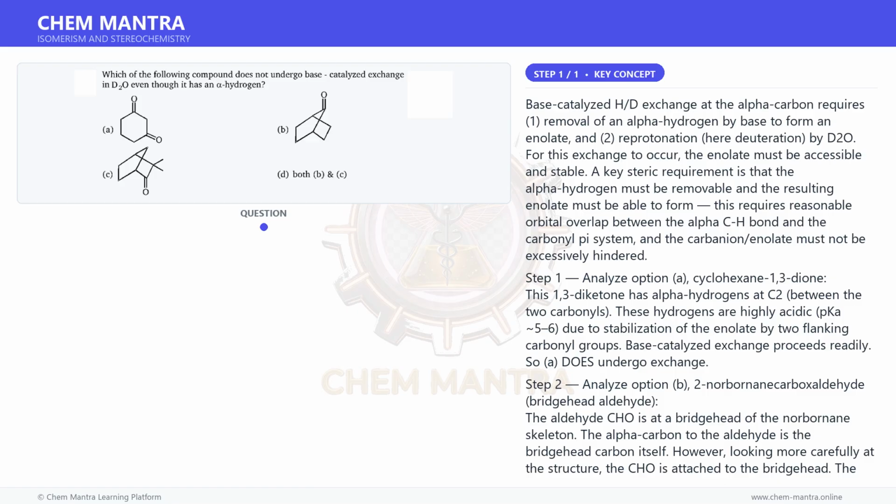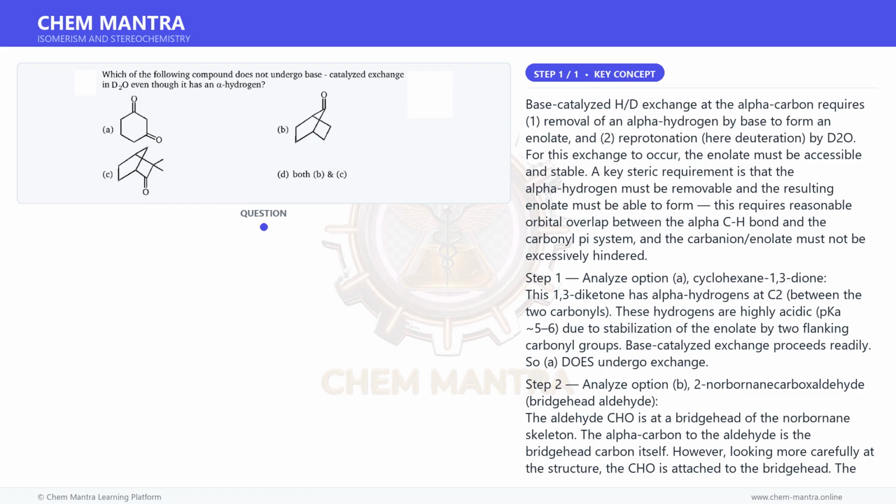Step 2. Analyze option B. 2-norbornene carboxaldehyde, bridgehead aldehyde. The aldehyde CHO is at a bridgehead of the norbornene skeleton. The alpha carbon to the aldehyde is the bridgehead carbon itself. However, looking more carefully at the structure, the CHO is attached to the bridgehead. The alpha hydrogens are on the carbons adjacent to the carbonyl.